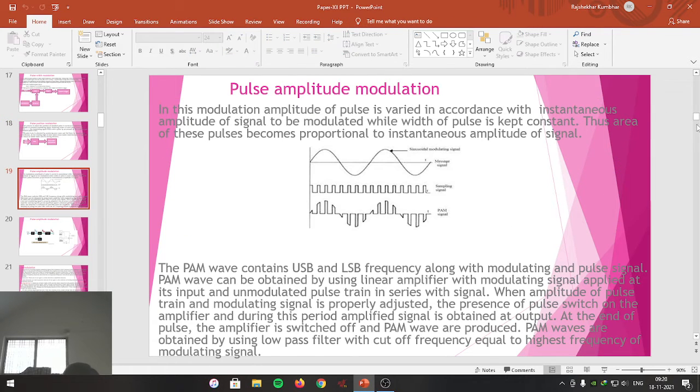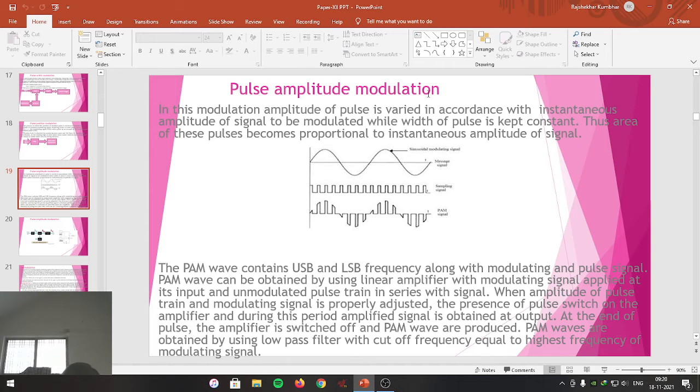Dear students, that's all about pulse position modulation. Now we are going to see another type of digital modulation, and that is pulse amplitude modulation.